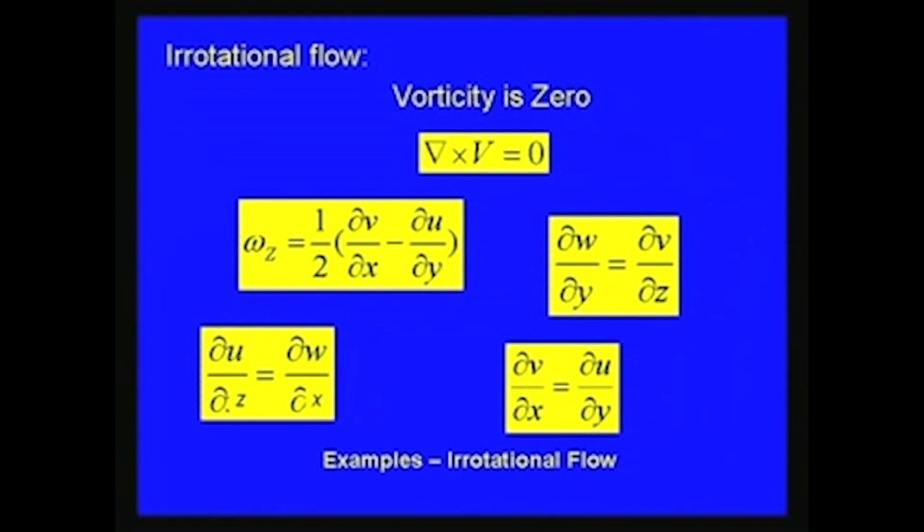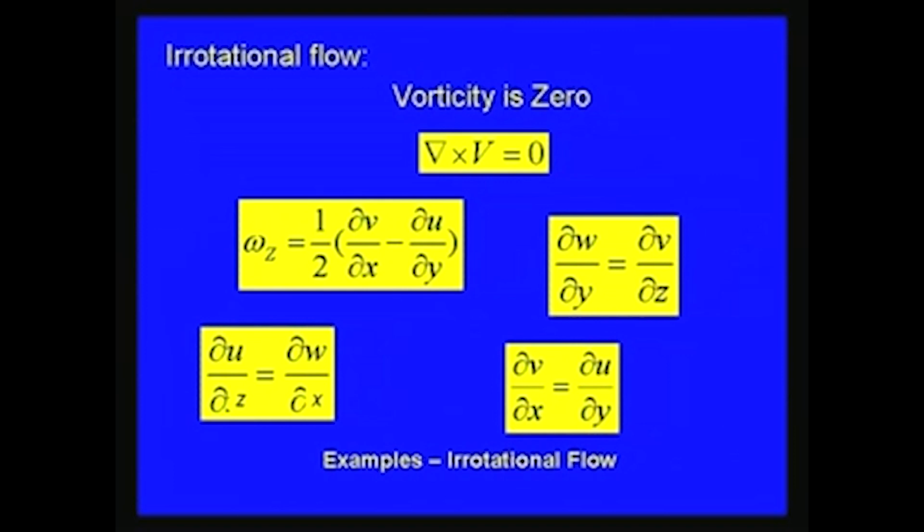That means half of del v by del x minus del u by del y is equal to 0, or we can write del v by del x is equal to del u by del y. Similarly we can write with respect to omega x, omega y and omega z. So for irrotational flow, omega x is equal to 0, omega y is equal to 0 and omega z is equal to 0.